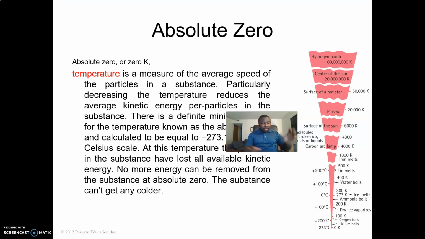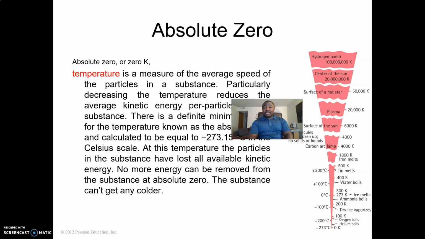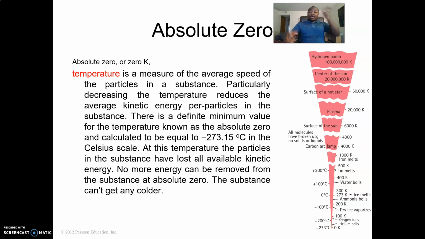So now, let me try to explain absolute 0 K. We already explained that temperature is the measure of the average kinetic energy or the average speed of the particles in a particular substance. It's possible for us to keep decreasing the speed at which the particles in the substance are moving.